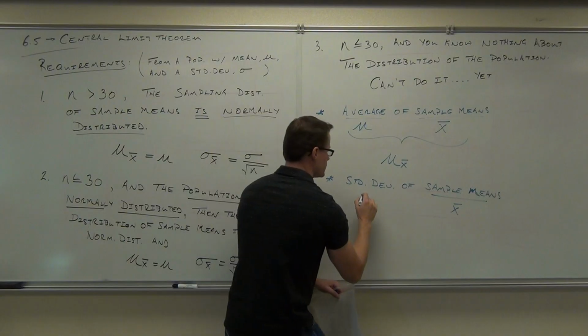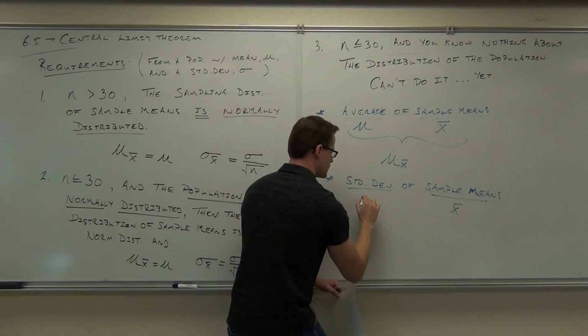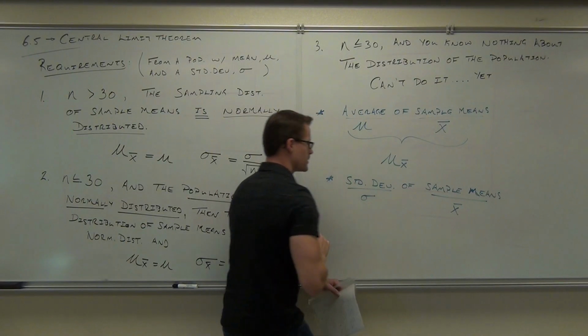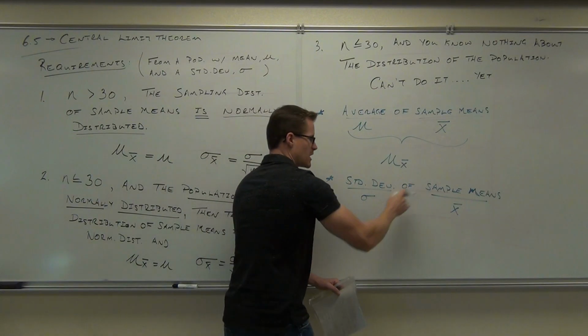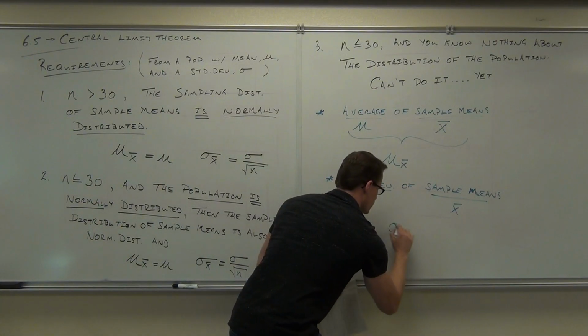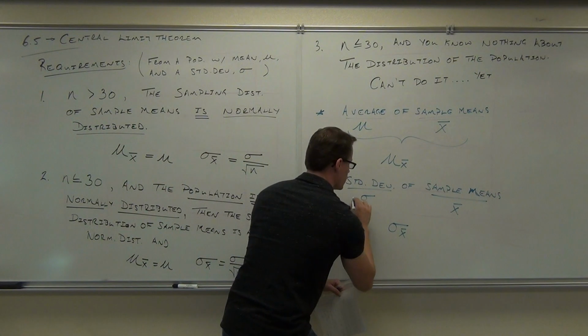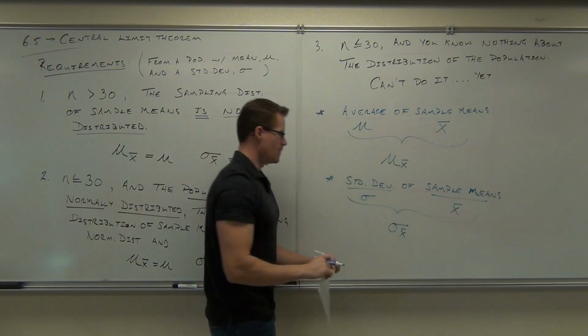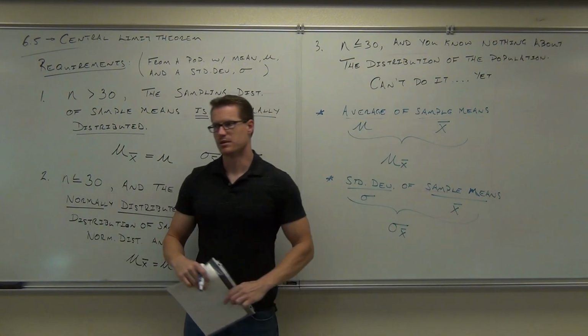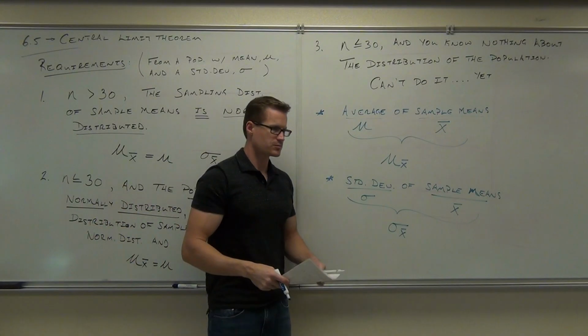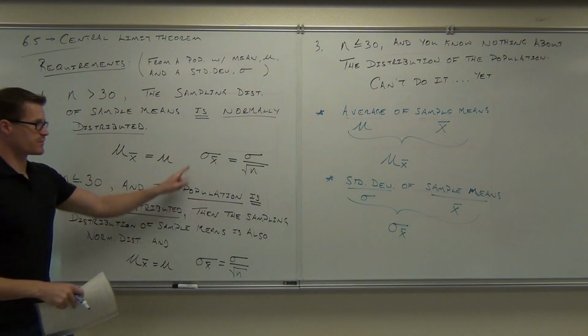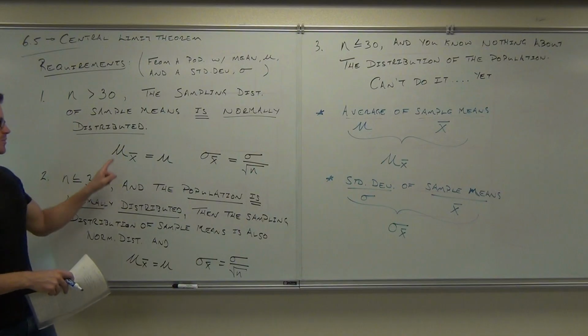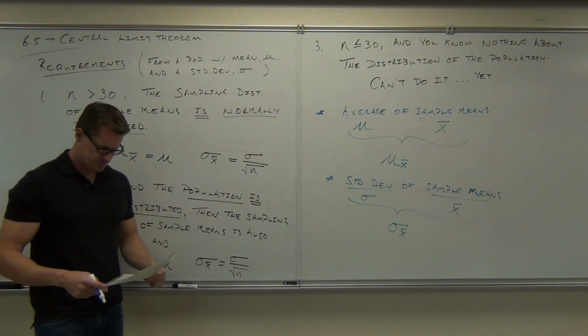Standard deviation is sigma. The standard deviation of sample means, that's this one. This says the standard deviation of your sample means. That's where those symbols are coming from. Kind of tells you what they are. Standard deviation of sample means, we know it's this thing. Mean of our sample means, we know it's that thing.